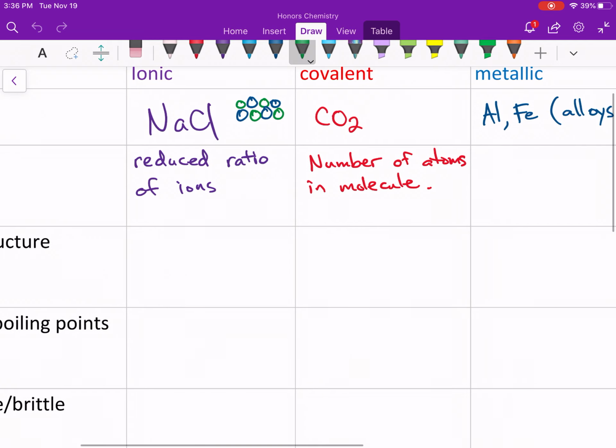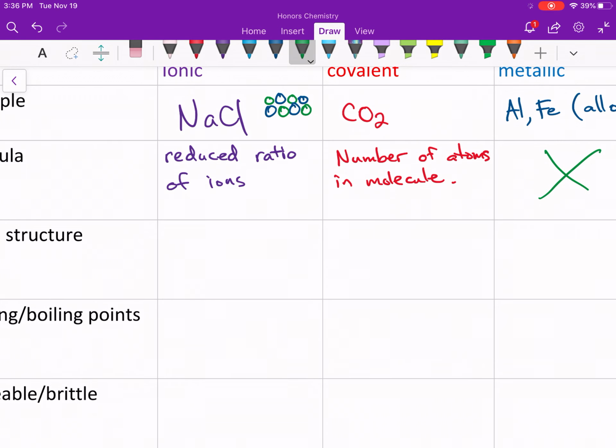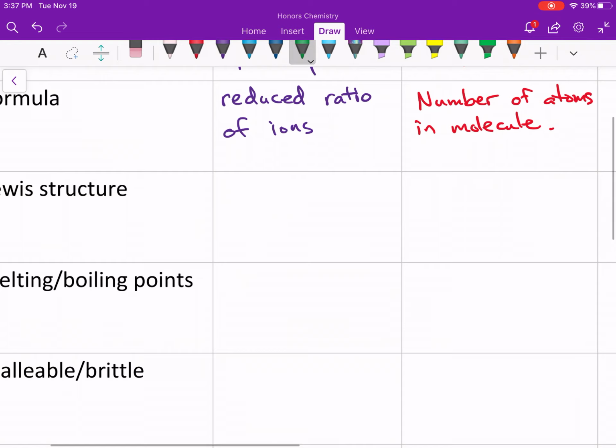When it comes to formulas for metallic bonds or for metallic compounds or elements, it doesn't really apply. You don't really write a formula for a metal. You can have recipes or mixtures of different alloys of different compositions, but we're not really going to get into that. The Lewis structure. For an ionic compound, this is something you already know, but just to review it, your Lewis structures for ions are just going to be the ions with dots, and we used X's to indicate gained electrons.